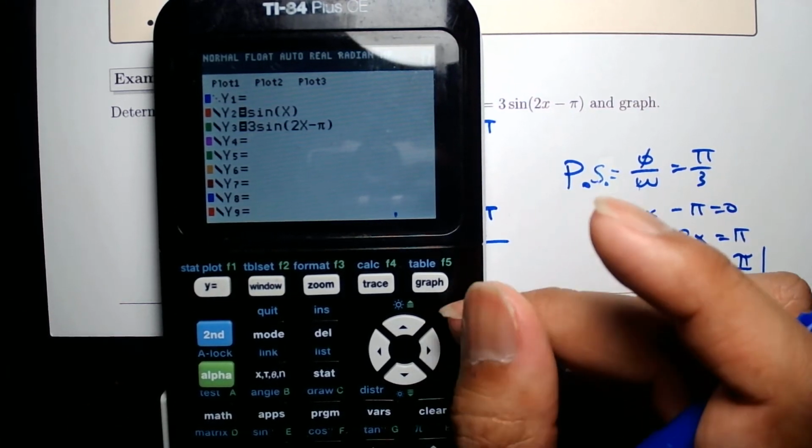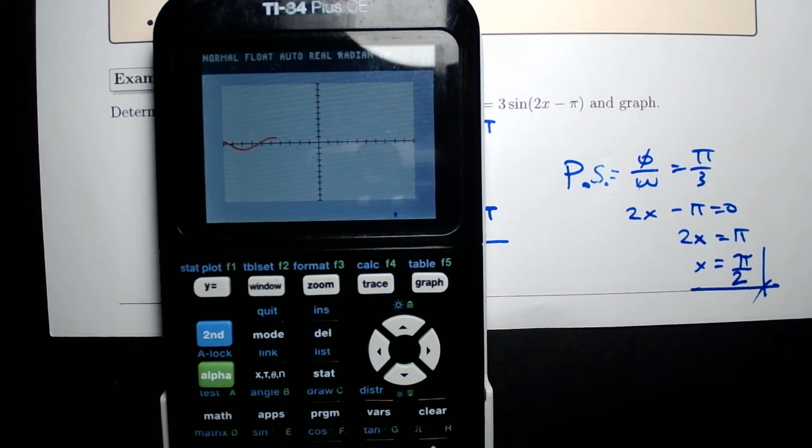Let's hit the graph. That's our sine function, and that's our shifted function. Notice that on the one hand it's vertically stretched, and it's also shifted pi over 2 units, as the sign indicates, to the right.